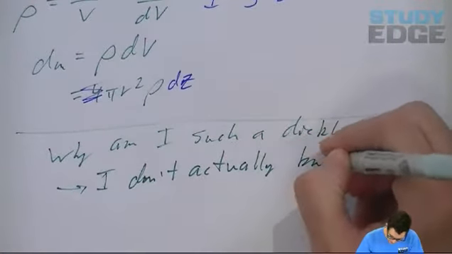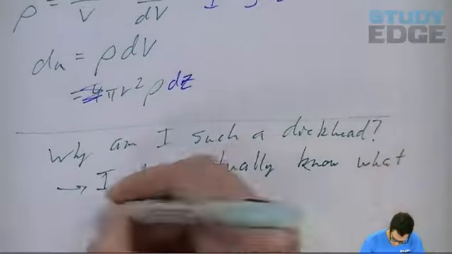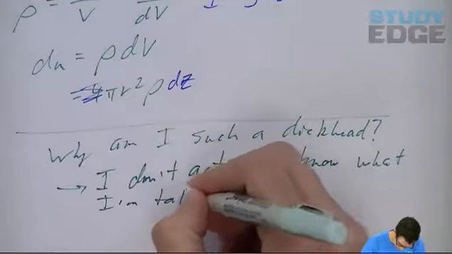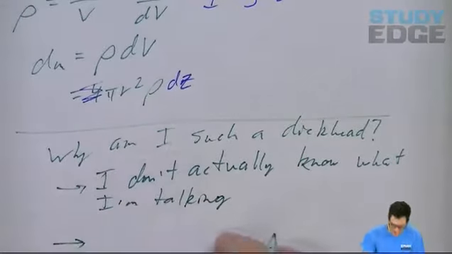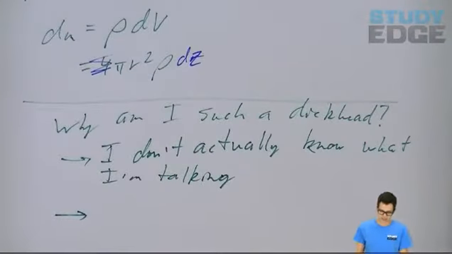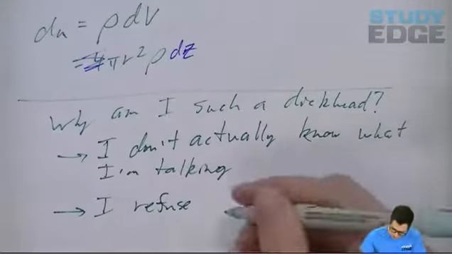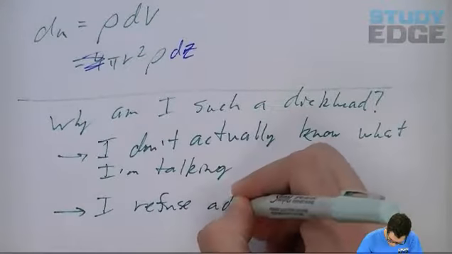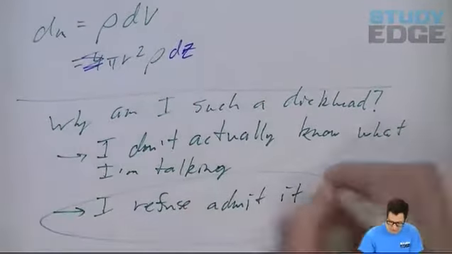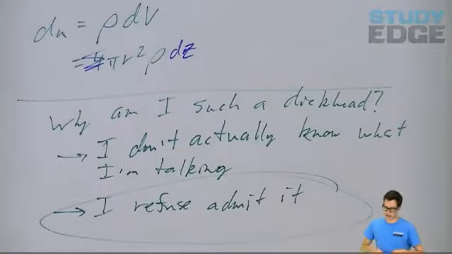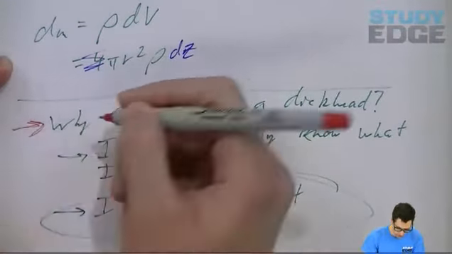But the second part is, in addition to not knowing what I'm talking about, I refuse to admit it. So you can see that not only am I stupid, but I'm also ignorant about it. It's sort of a two-part answer. On your exam, you'll only be given one of those as an answer choice. You would choose either that I don't actually know what I'm talking about, or that I refuse to admit that I don't know what I'm talking about. And either of those would be a sufficient reason for why I'm such a dickhead.